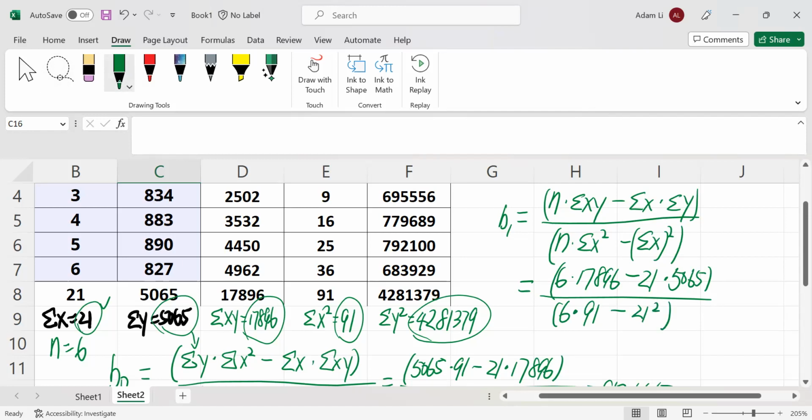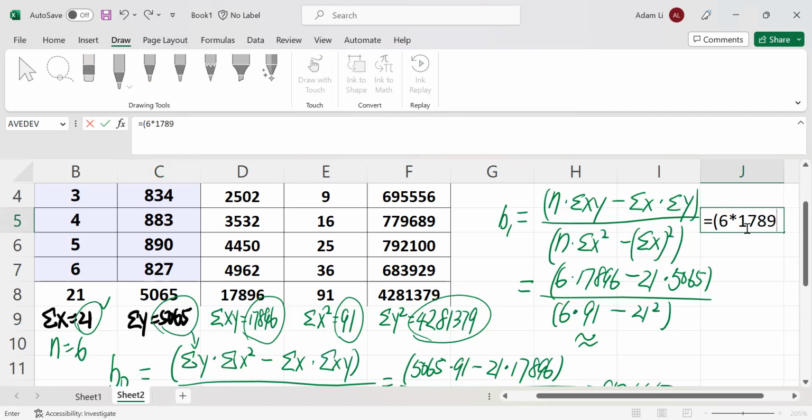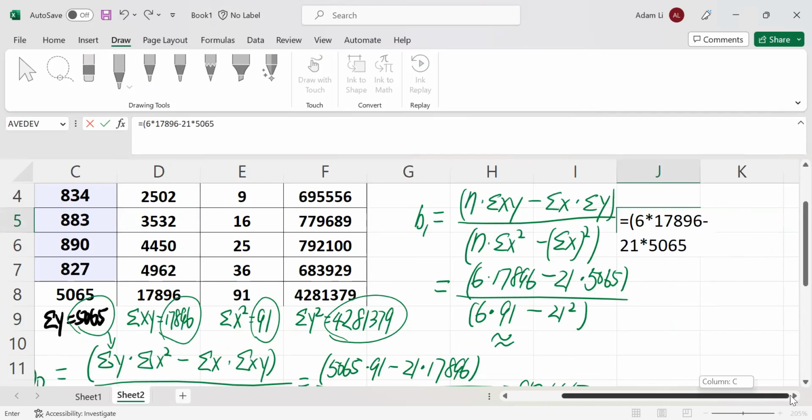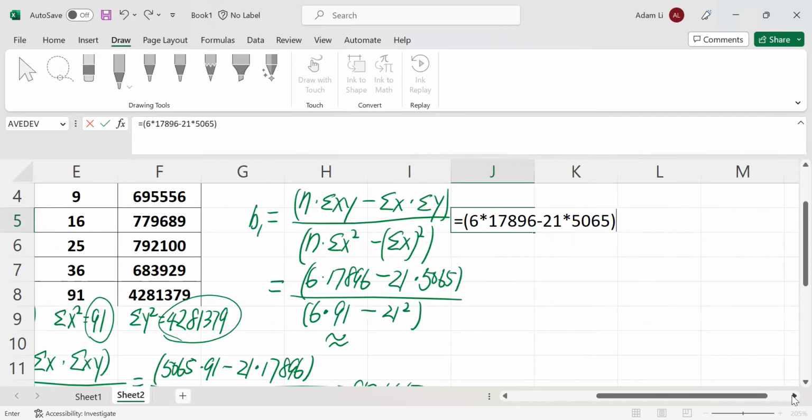All right. Now one more time, let me put it on the side. So I'm going to calculate it here. Equal to 6 times 17896 minus 21 times 5065, in parentheses, and divide by sample size 6 times 91 minus 21 squared.